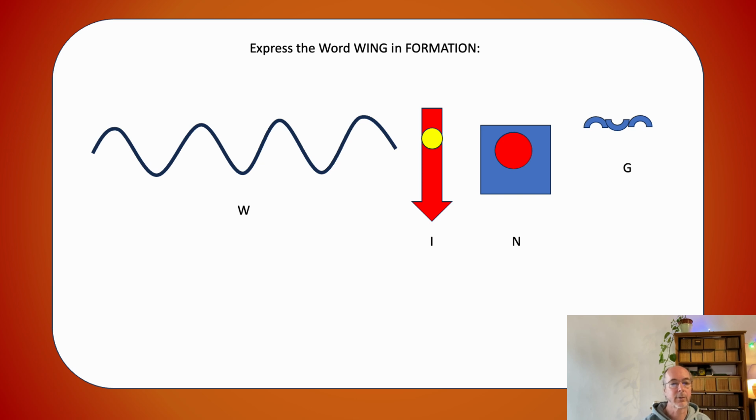Let's go with wing. The W is a very loose form, so let's express it loosely as well, as vibrations that have certain variations. Let's see it as a wave.